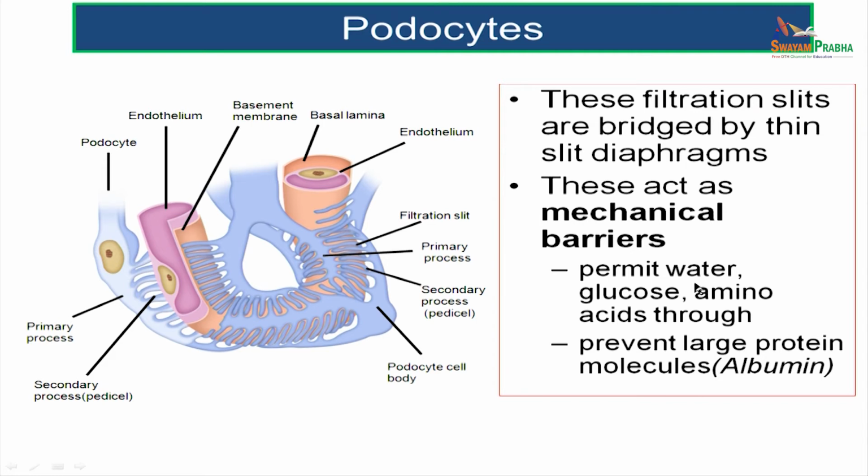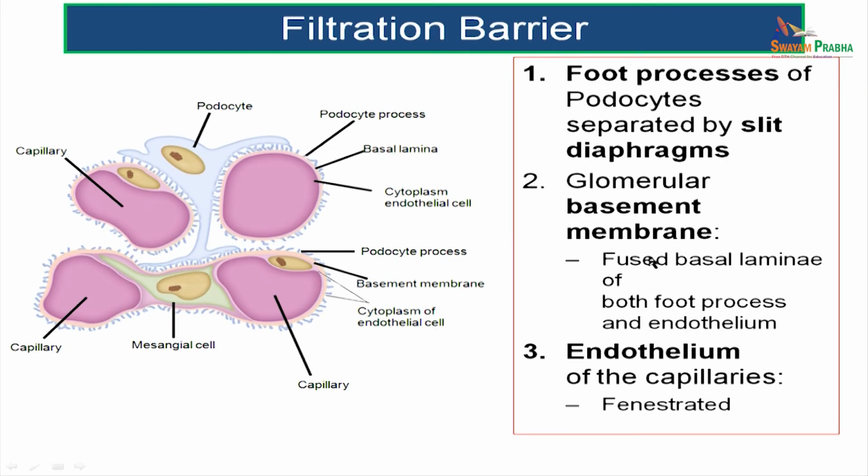They permit water, glucose and amino acids through the filtration slit, but they prevent large protein molecules such as albumin from passing through. That is why the histological significance of these structures are to be noted. These filtration slits act as mechanical barriers.